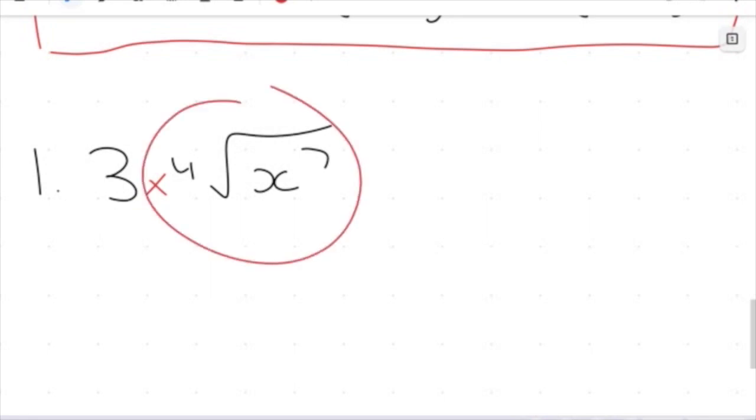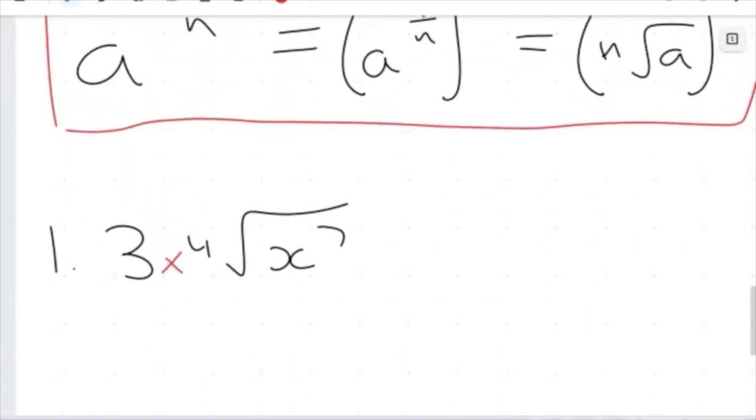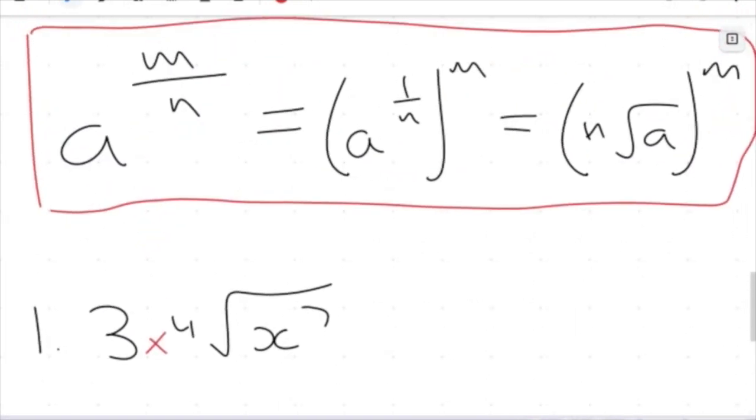So whatever this number in index form is going to be, that's just going to get multiplied by 3 at the end. But working with this expression here, if we look back to our relationship that we established, the degree to which this number is getting rooted ends up being the denominator of my fraction. And the number here ends up being the numerator of the fraction.